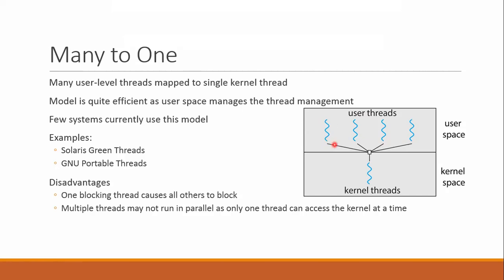Only one thread that is mapped to this kernel thread will be able to execute. So these are the disadvantages or limitations of this model. And that's why there are few systems that use this model because of these two limitations.